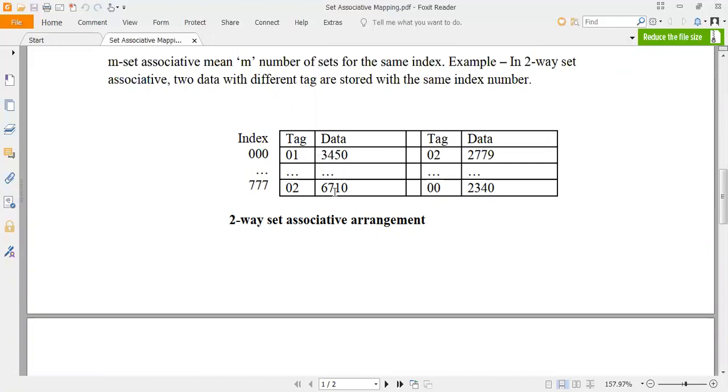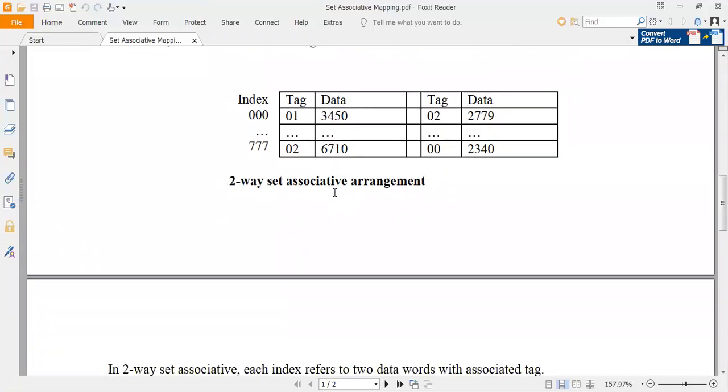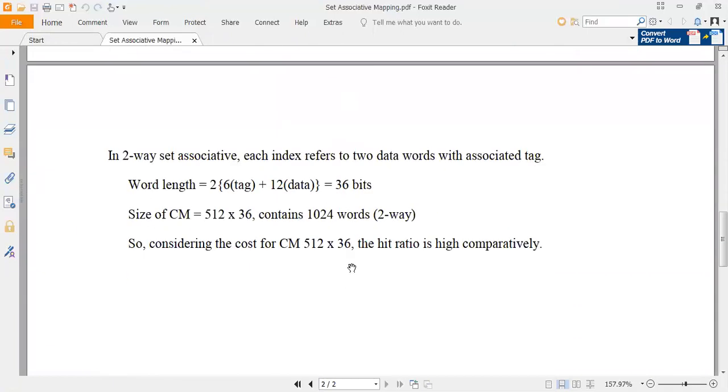That is the advantage. And the disadvantage of set associative is that the cost incurred is very high as compared to the other two mapping techniques. But if we compare the cost with the performance, the performance is comparatively very high as compared to the other two techniques. That's why it is okay, considering cost and performance.